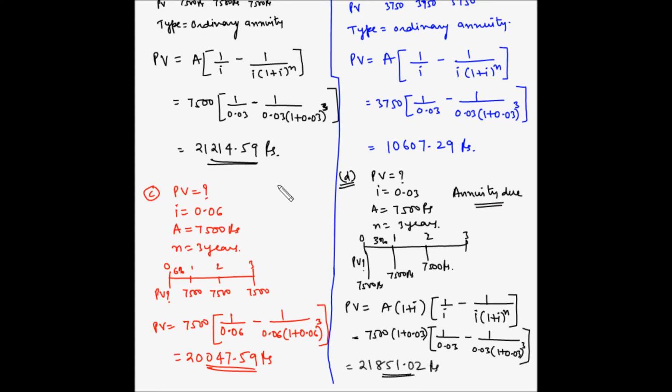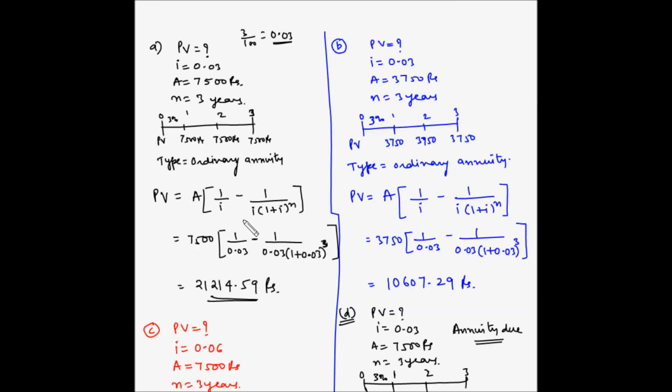So let's quickly analyze these numbers. So basically, as we had seen in part A, we have an interest rate of 0.03. The amount we want to withdraw is 7500 rupees at the end of each of the next 3 years.